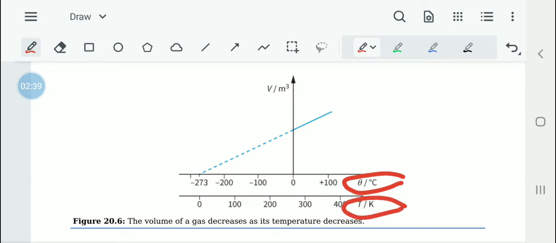This is volume. When you start at this point, at positive 120 degrees, you start cooling it down. As a result, the volume reduces, and when it reaches negative 273 degrees, you can see that its volume becomes zero.